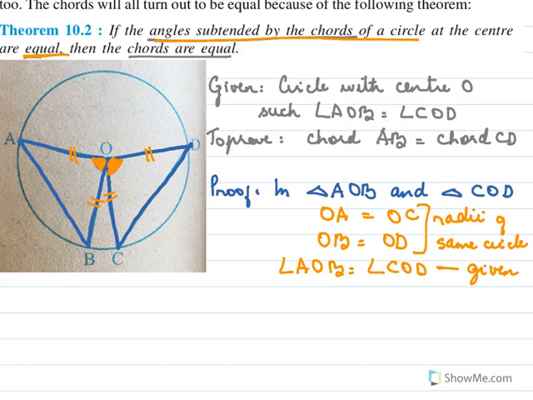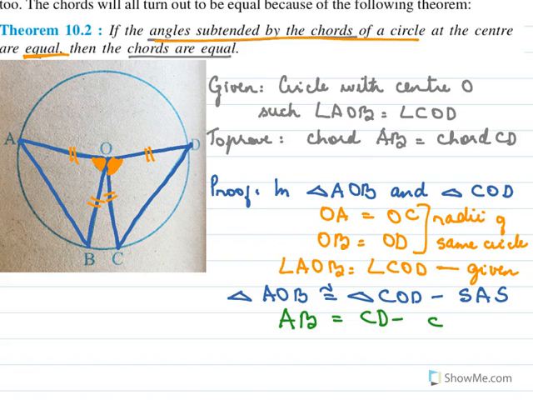So triangle AOB is congruent to triangle COD by SAS test. If the triangles are congruent, I can say AB equal to CD by CPCT, and we have proved. So here, if the angles are equal, we can say the chords are also equal.